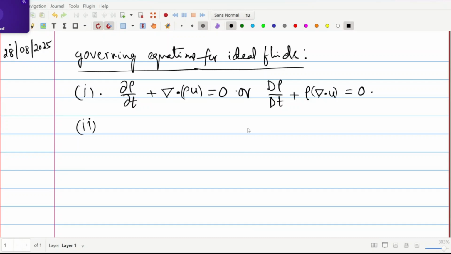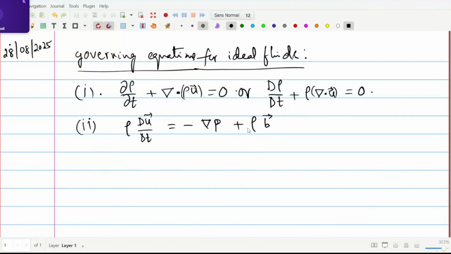Now you have the conservation of momentum. You have already seen that rho into the total derivative of u, where all these u's are vectors, is dou u by dou t, equal to minus grad p, where p is a scalar function of x, y, z and t, plus rho into the external force.